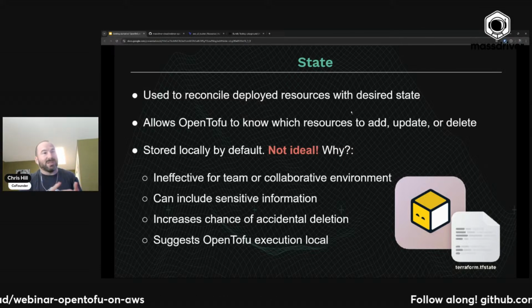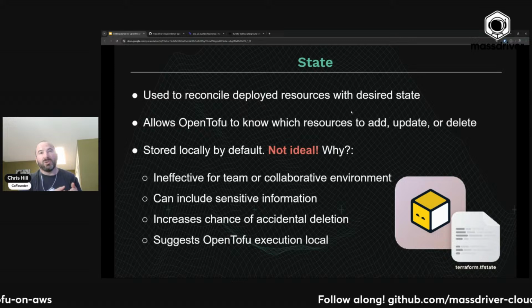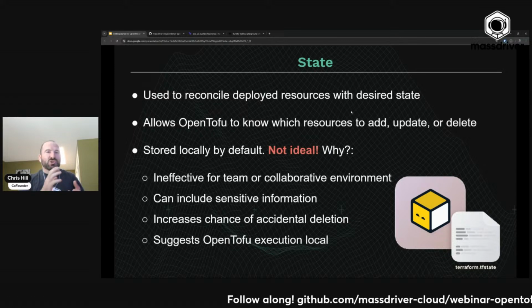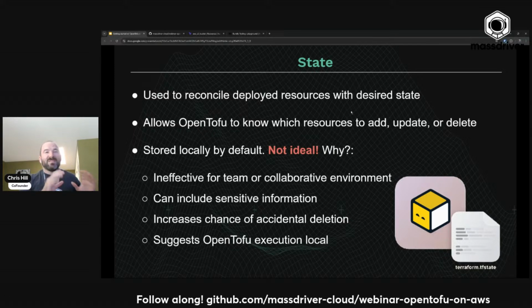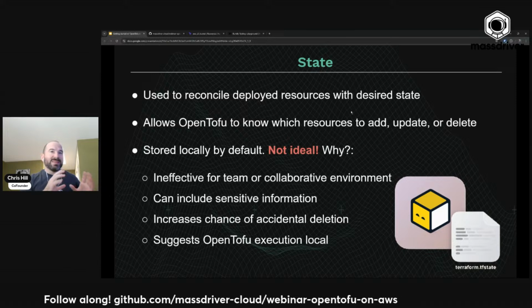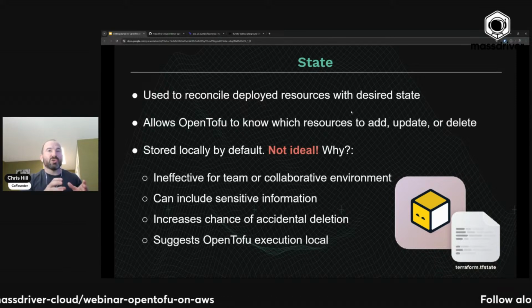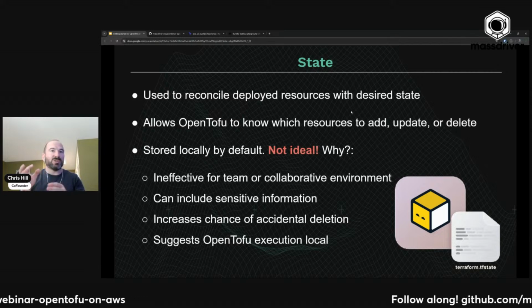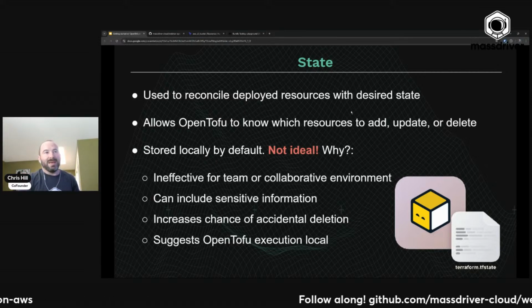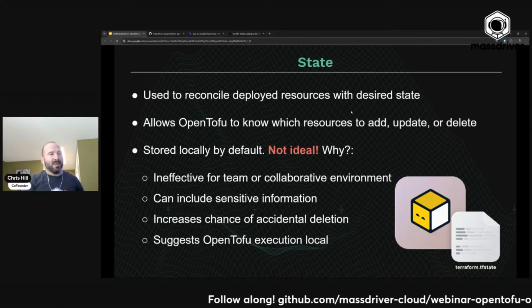That's really the biggest thing that state allows you to do: it keeps track of what the configuration was after the last time OpenTofu ran. And that is crucial for being able to figure out resources that need to be deleted. And that's a big differentiator, actually.